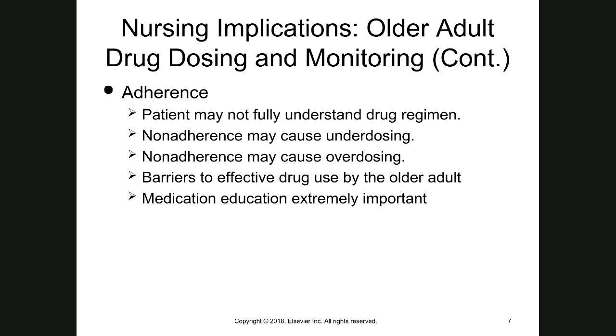Non-adherence causes either underdosing or even overdosing if they're forgetful. That's why you have to really monitor the geriatric patients. Now, barriers in effective drug use, and medication education is really important because of all the different side effects that they can have.